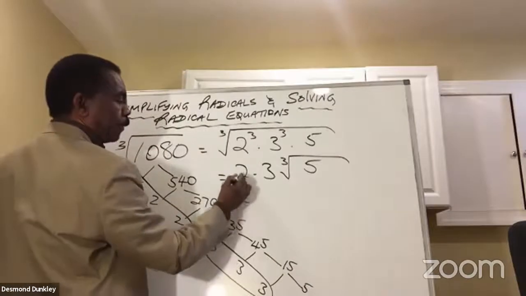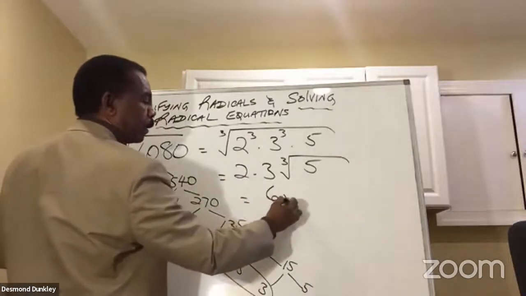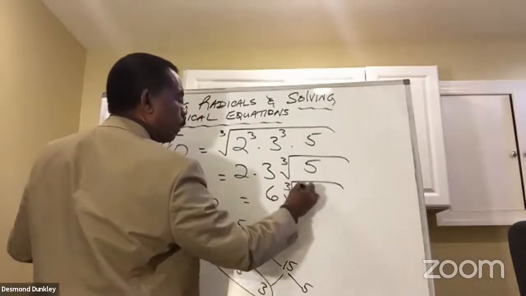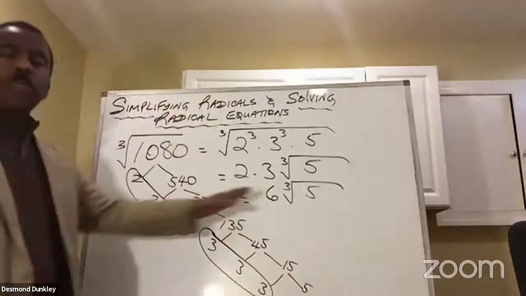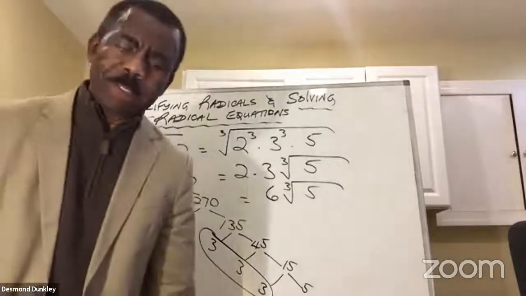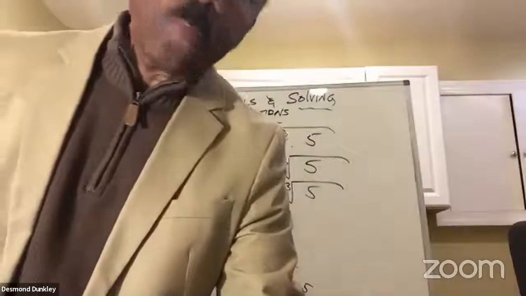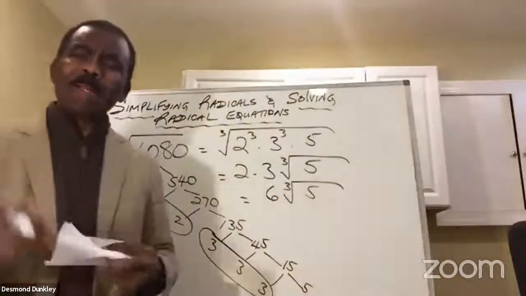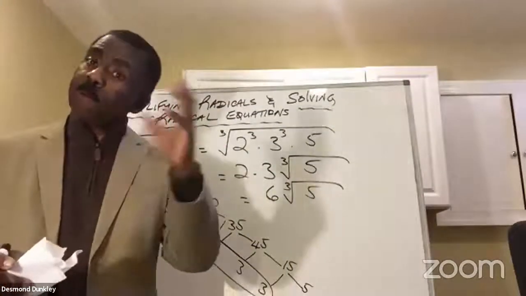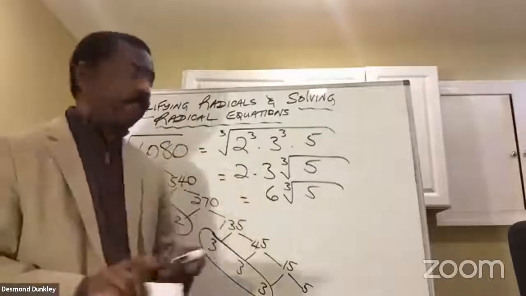And that gives you 2 times 3 is 6 cube root of 5. And that will be perfectly acceptable. Okay? So now we know how to reduce a radical. Now we're going to do some arithmetic involving radicals.